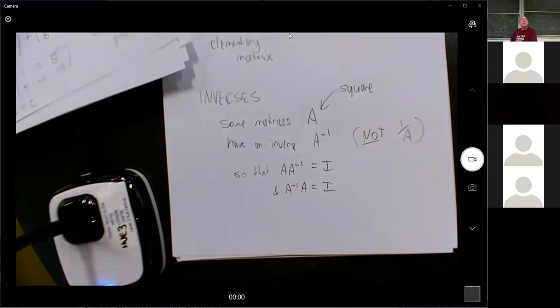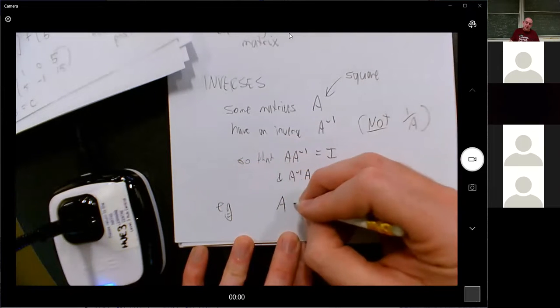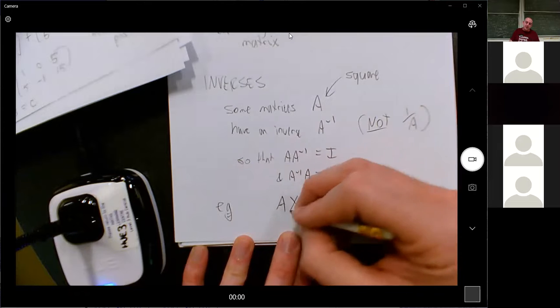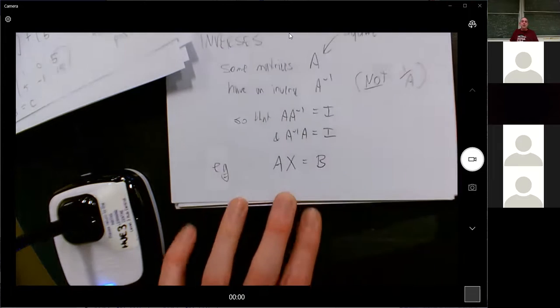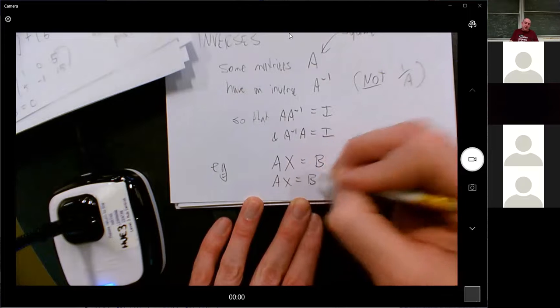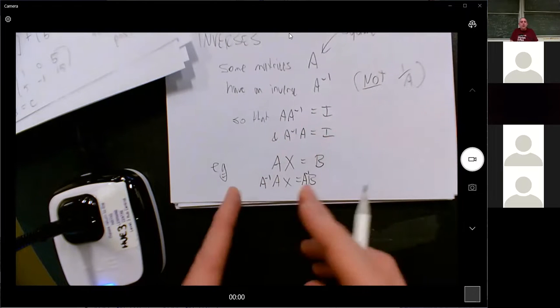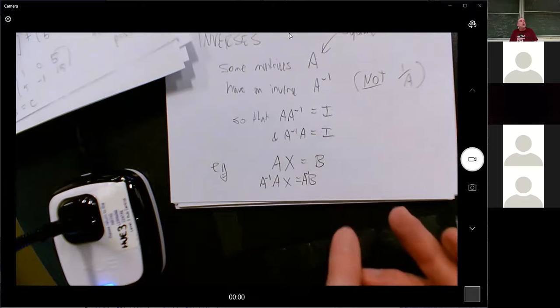And it's really nice if you do have them, but you do have to keep very careful track of the order your matrices are in. Because if you have something like A times X equals B, and you want to figure out what X is, you could multiply both parts of this equation by A inverse, but you have to make sure that they're both on the left-hand side or both on the right-hand side.